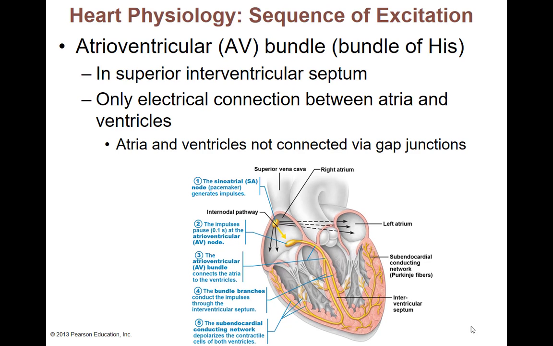Then it will travel down your atrioventricular bundle, which is the only thing that's really connecting your atria to the ventricles electrically. There's no other area where your atria talk to your ventricles except the atrioventricular bundle.